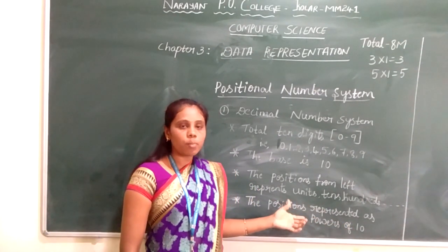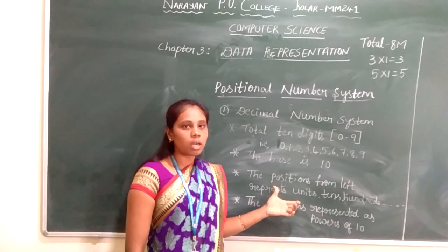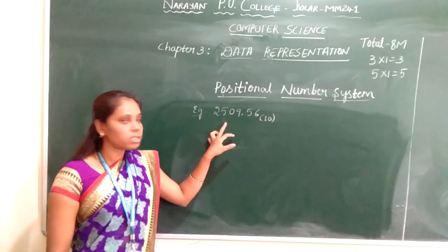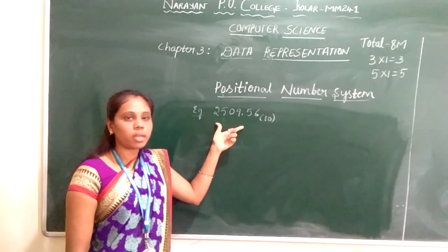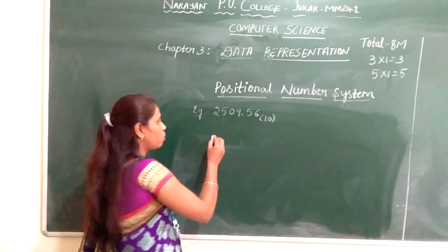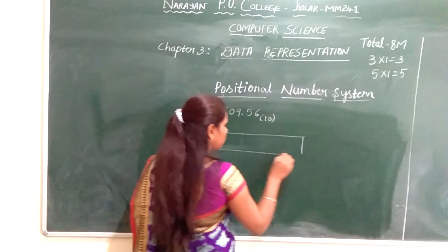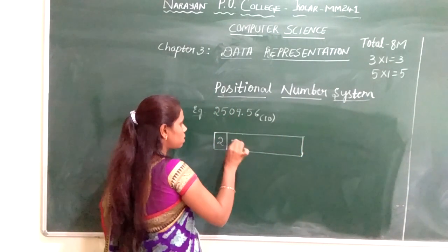Now we will see one example of how these digits will be represented in your computer memory. So consider this as an example. We will see how this value will be represented in your computer memory. So now I will write the individual digits.